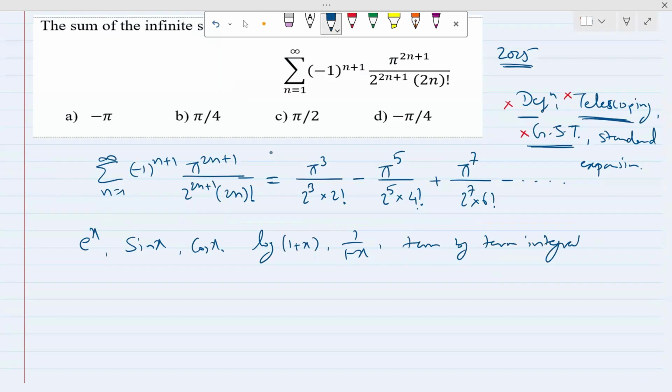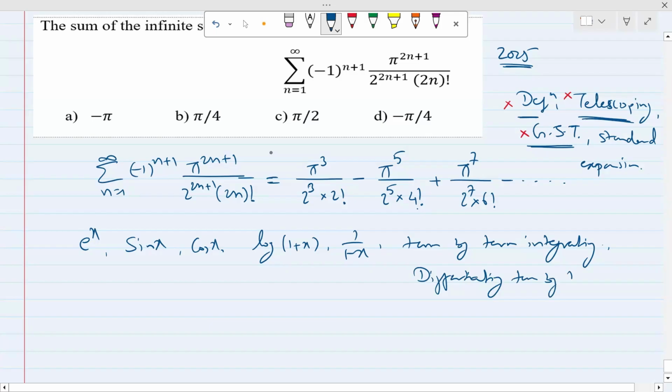By integrating term by term or by differentiating term by term, you get few more expansions. Using this, you may try to calculate this infinite sum.